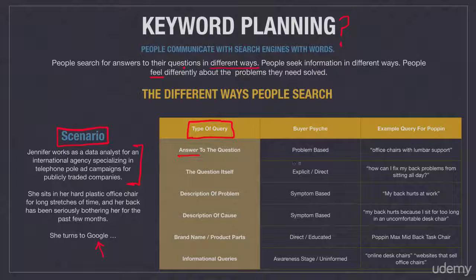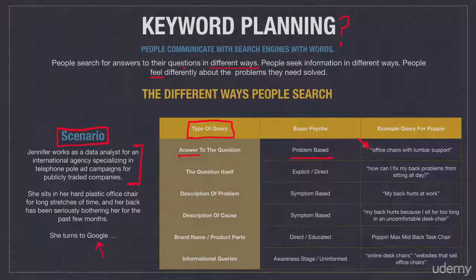This is something we call problem-based search. Problem-based search is when somebody is searching based on a problem and they're using the answer in the query. So what's an example query that Jennifer might make over here? She might make a query: office chairs with lumbar support.